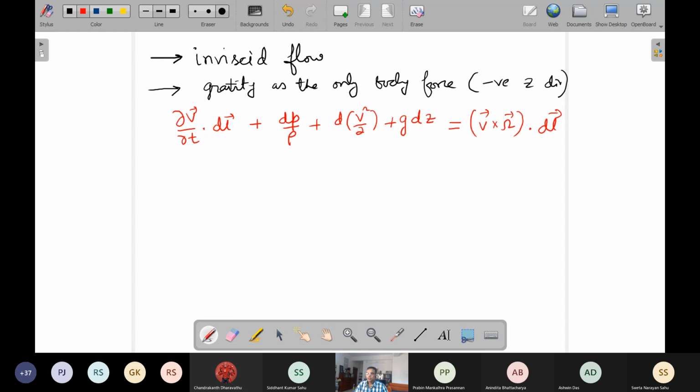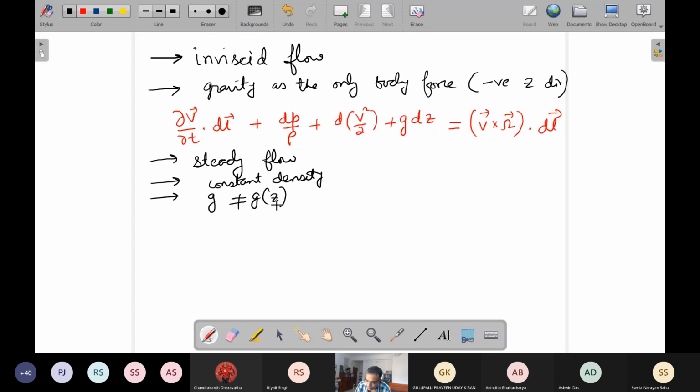Now from here, we made a couple more simplifications. Steady flow, so that the first term is not there. Constant density. And g is not a function of z. And that led to the simplified form.